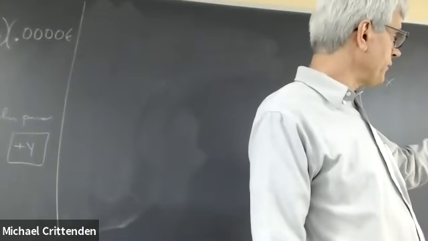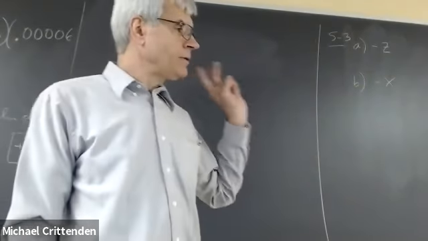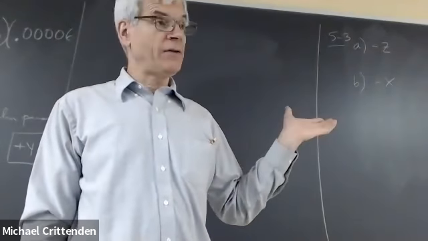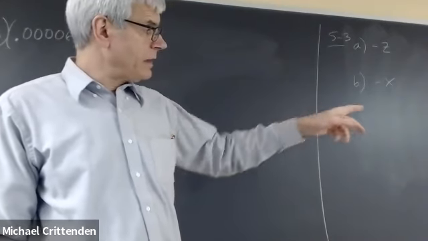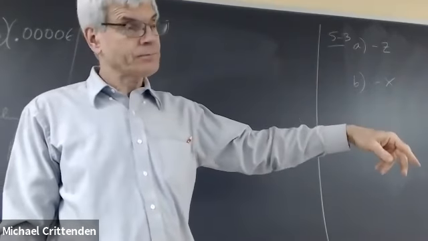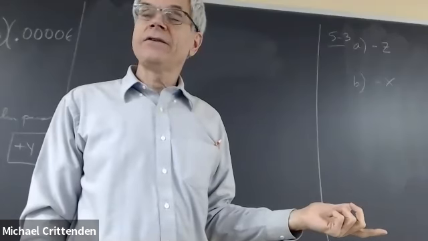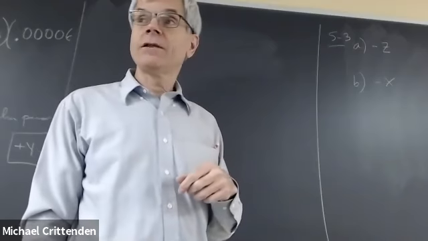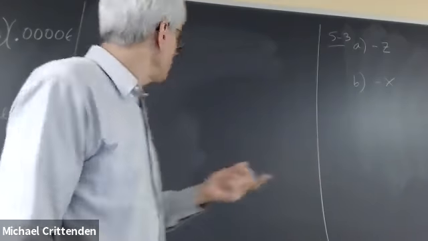The question is, how much force does the one wire feel because of the other one? Step 1 is that the one wire creates a magnetic field around itself, whose strength is given by the formula a couple of inches further up the page. Step 2, the other wire finds itself in that field, and you can calculate the force on that wire from the equation that we were using.